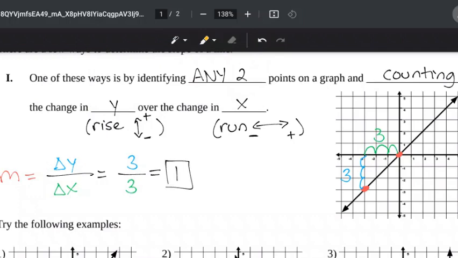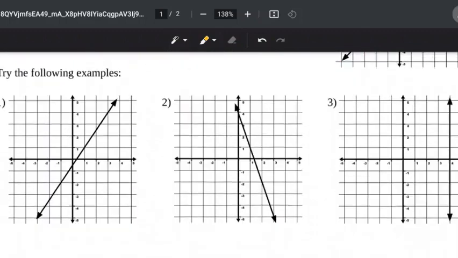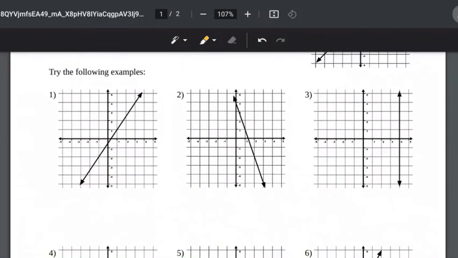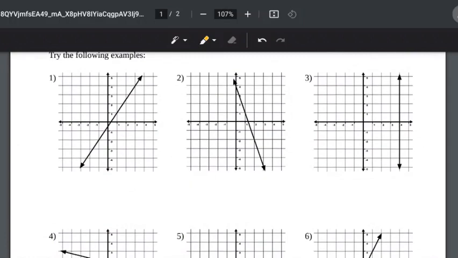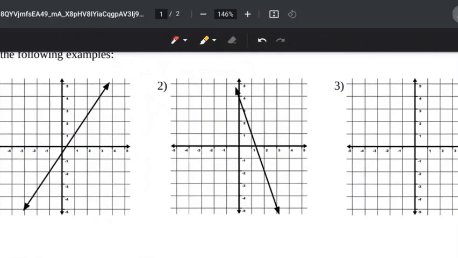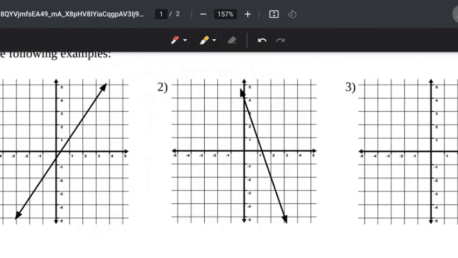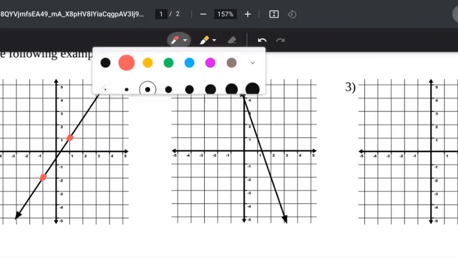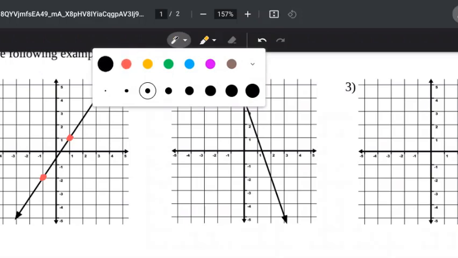Okay, so let's try some more examples here. All right, number 1, again, we have to find 2 coordinates that come in a nice cross section for us. And I see this one here, and this one here looks pretty good. These aren't the only 2 options. There are other options you could choose. They are just the ones that I selected.